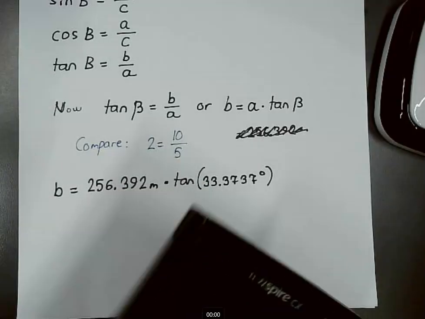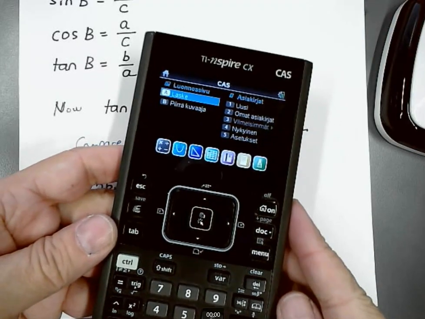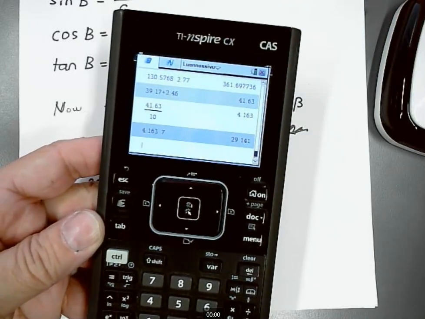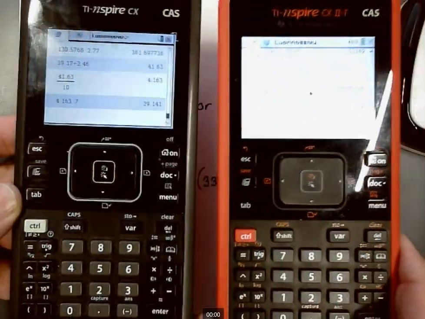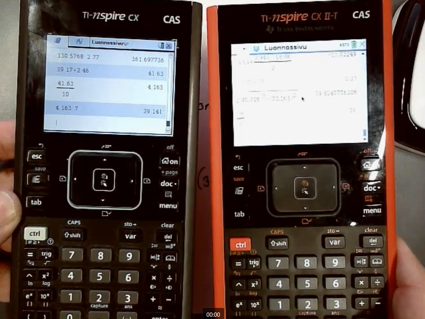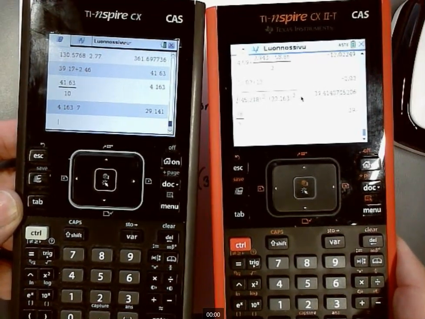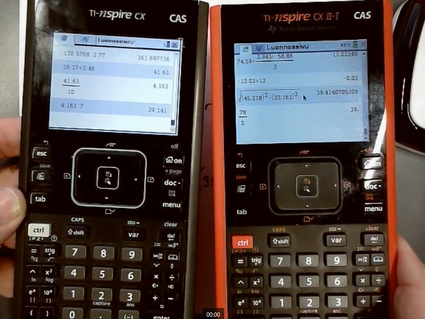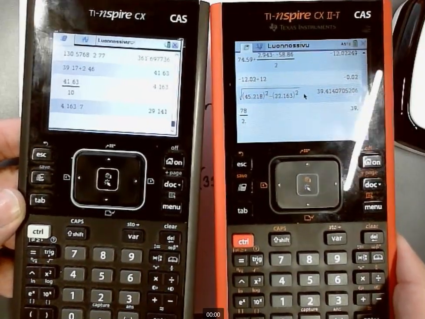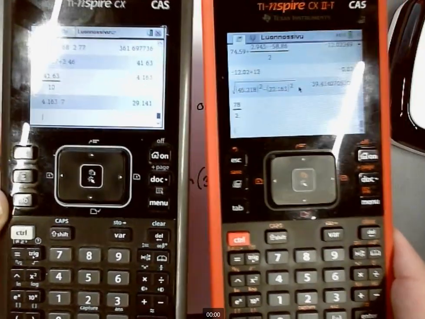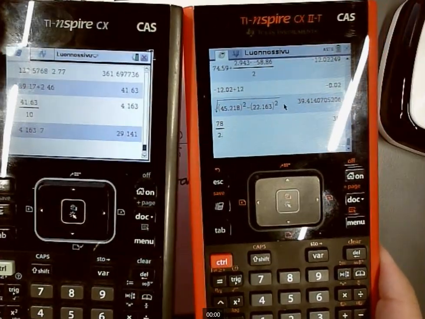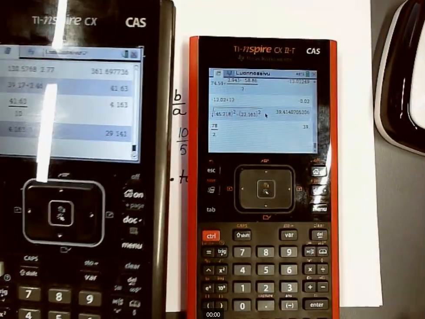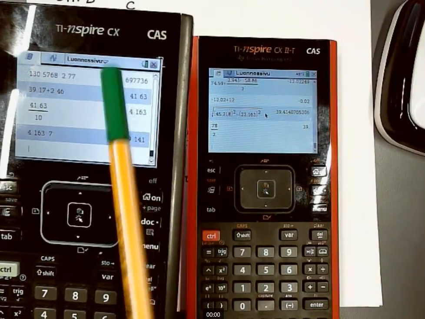Then I have one calculator which is almost similar as this red one here. This black one is an older one, and there are some differences between these calculators, but almost the same. But the one difference is that in my old black calculator, you can't see the unit there.